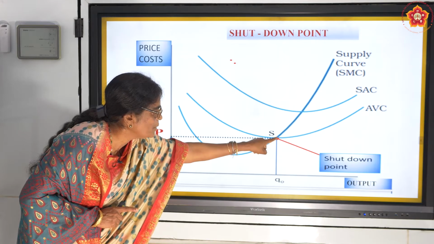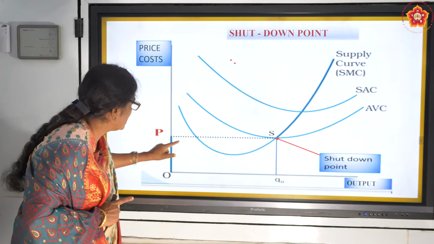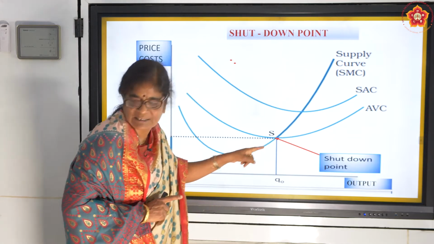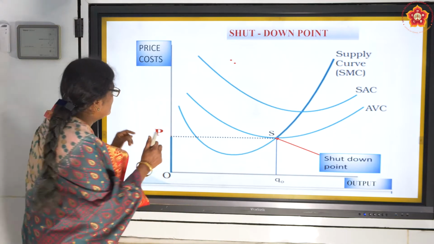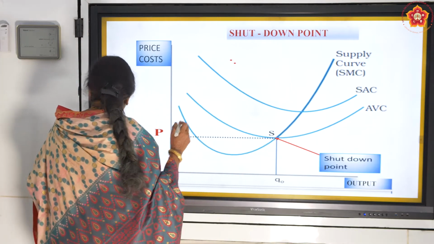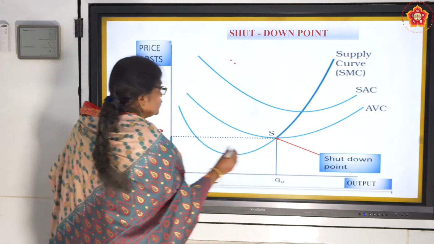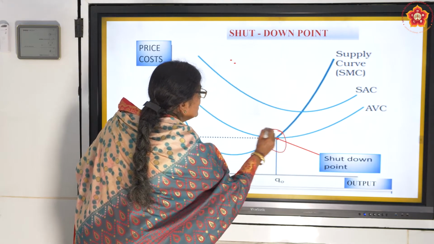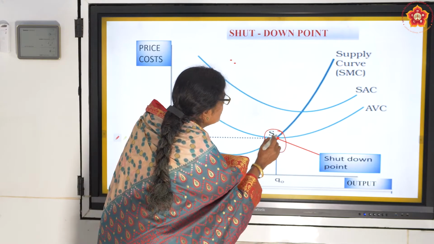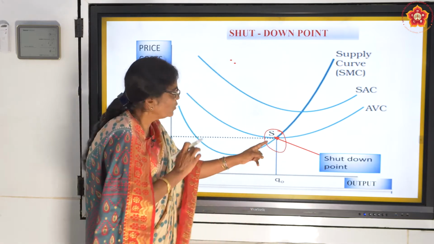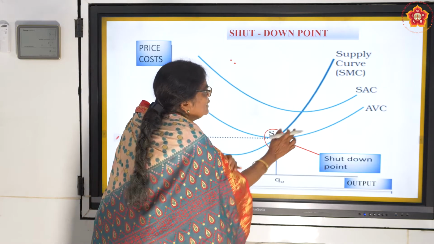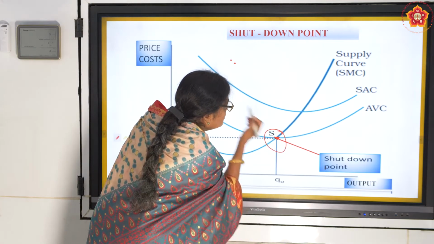You see, this is the minimum average variable cost, where the price and the minimum average variable cost both intersect. You can see this is the price point, and this is the point where the price line and the minimum AVC both intersect. Not only that, the marginal cost curve cuts the average variable cost from below at its minimum.